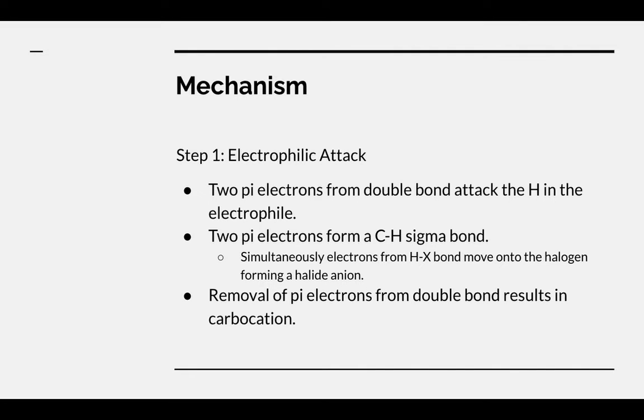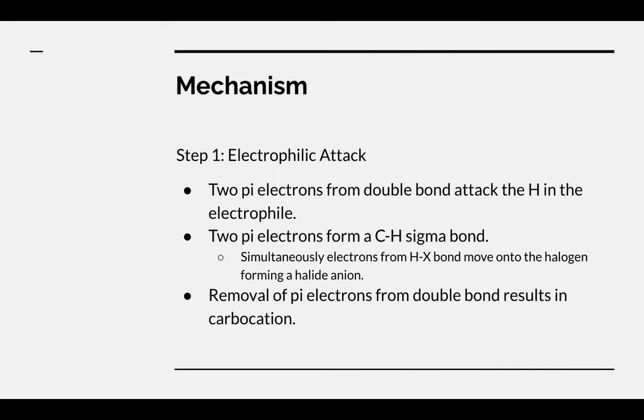The 2 pi electrons form a C-H sigma bond between the hydrogen from HBr and a carbon from the double bond. At the same time, the electrons from the protic bond are able to move onto the halogen to form a halide anion.